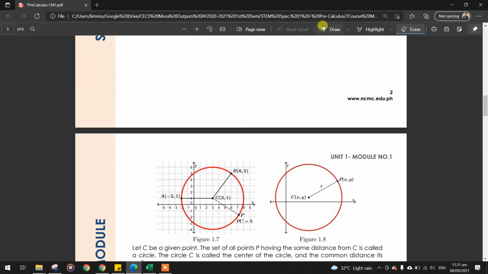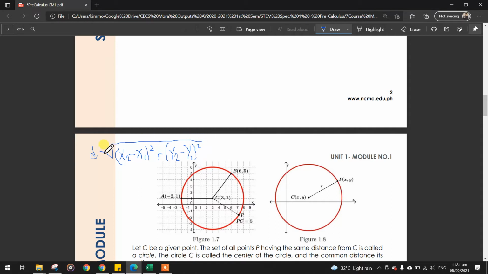The distance D is equal to the square root of x sub 2 minus x sub 1, squared, plus y sub 2 minus y sub 1, squared.